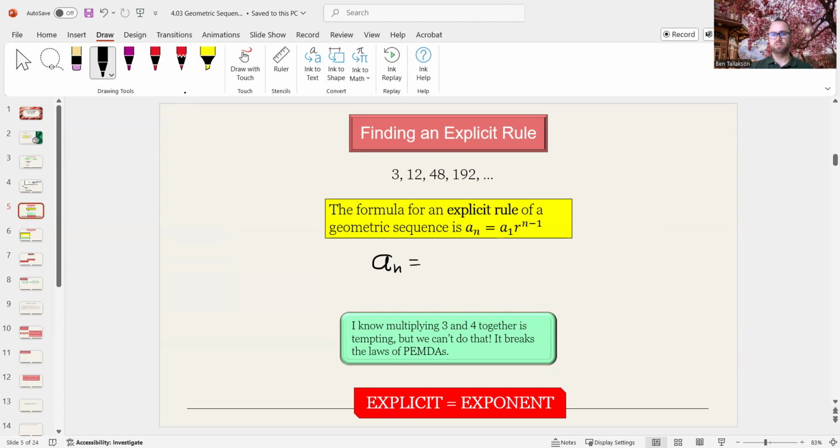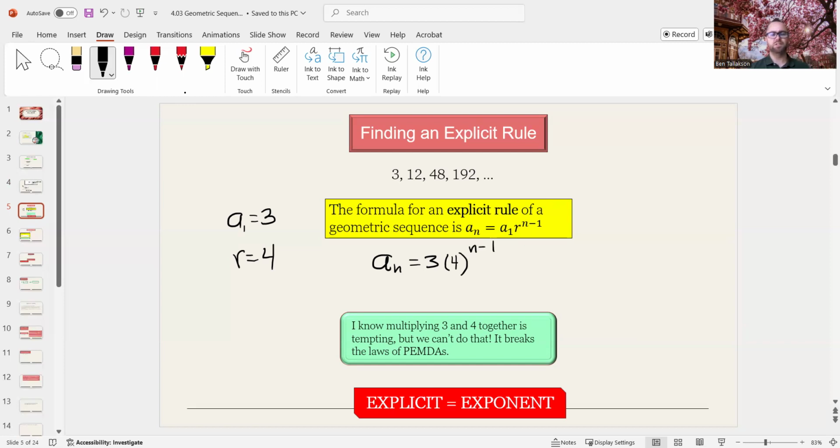And n stays the same because that's our variable, but a sub 1 is going to change, right? Because the first number in the sequence is different all the time. Common ratio is also different all the time. So what is a sub 1? It's the first value we see. And the ratio, we just found that a moment ago, is 4. So a sub n equals a sub 1 times r to the n minus 1.